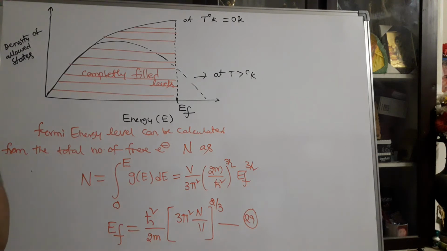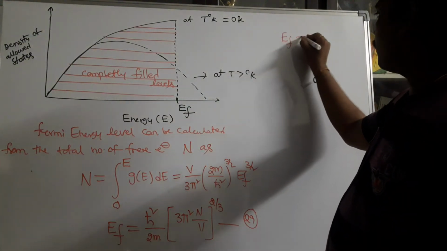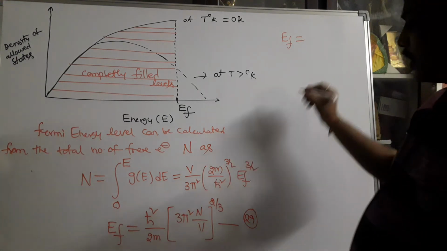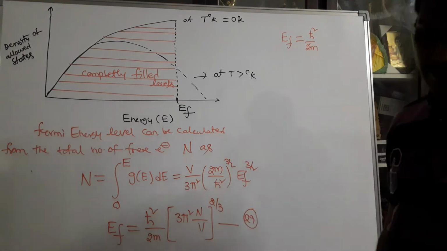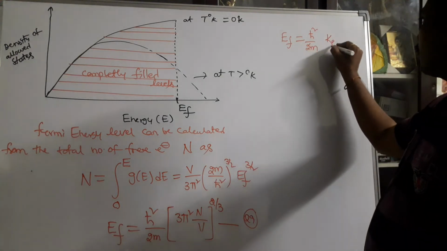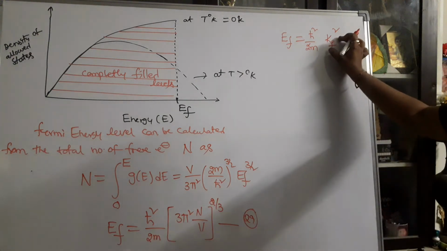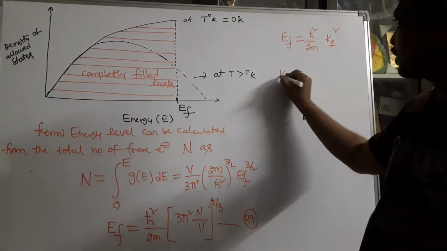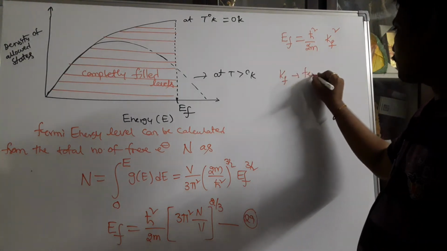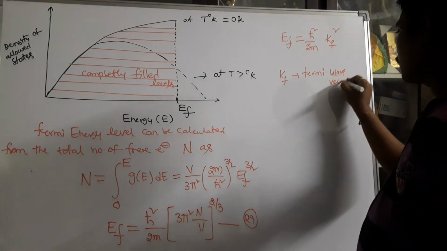Particularly, you can represent it with the wave vector. In terms of the Fermi wave vector, EF is equal to h cut square by 2m into kf square. Here kf is nothing but the Fermi wave vector.